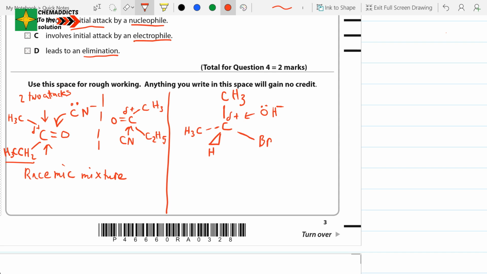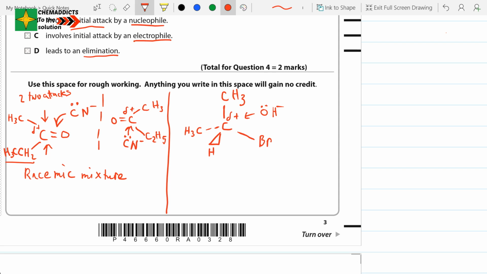Sorry, this should be carbon, not nitrogen. So this carbon atom of this nucleophile will donate these electrons to this delta plus carbon of this carbonyl compound, hence forming two different enantiomers.